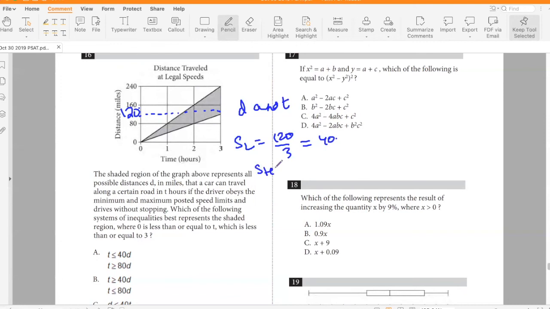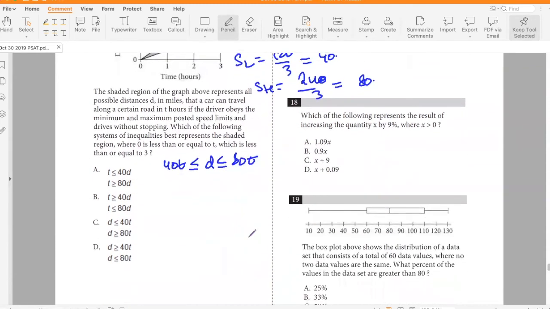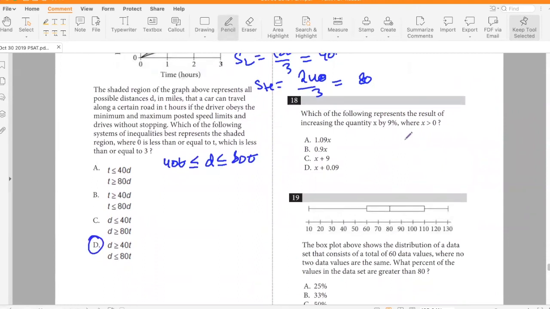And the higher speed limit would be 240 by 3, which is 80. So D can be between, D is greater than 40t and less than 80t. Option D.